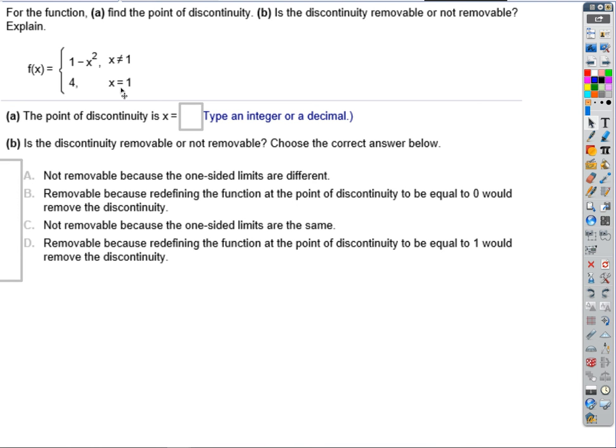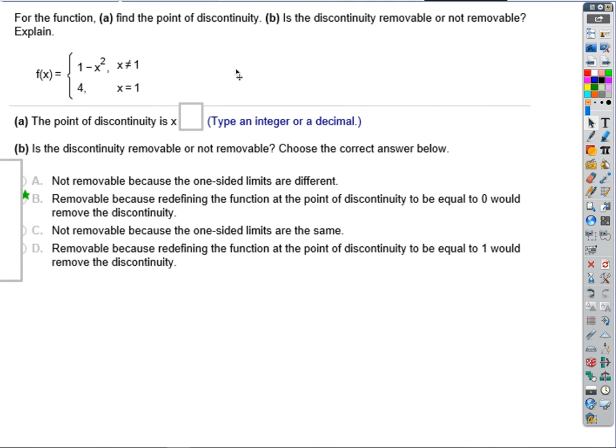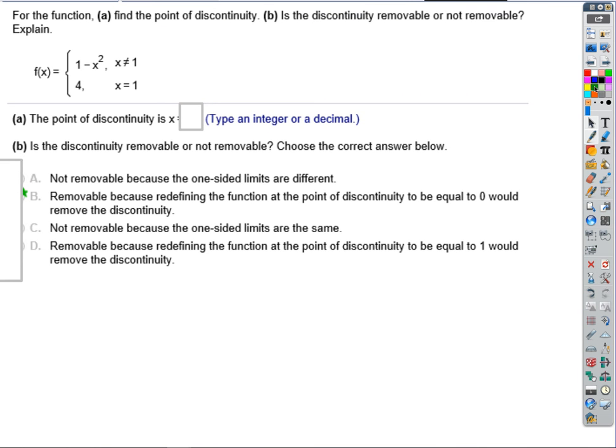What's the limit of f of x as x approaches 1? Two-sided limit, what's that equal to as x approaches 1? Zero, right? Because as x approaches 1, I can evaluate that directly.